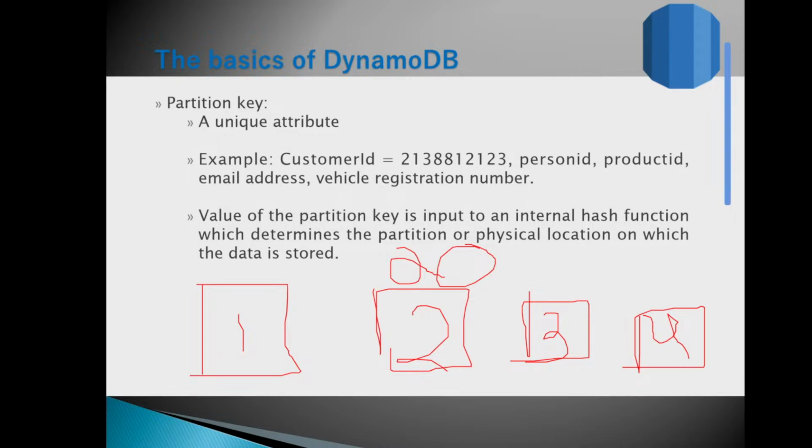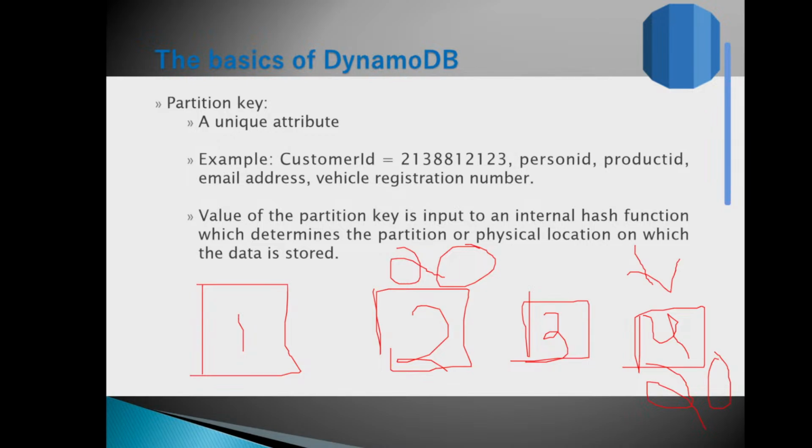So according to the value, it is storing the data in different files. Why? So that when you search the data, it will know that this record, this item, is in this file. If your record is stored in this partition, then when you search, Amazon will know directly that your item is in this file.